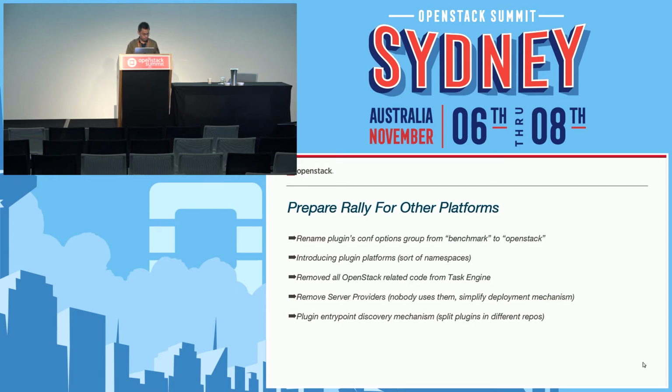During this release cycle, we were removing the word benchmark across all places because it's slightly misleading, because Relay is a generic testing tool. All OpenStack plugin configuration options were moved to OpenStack, which is going to help isolate configuration options for plugins from different platforms.